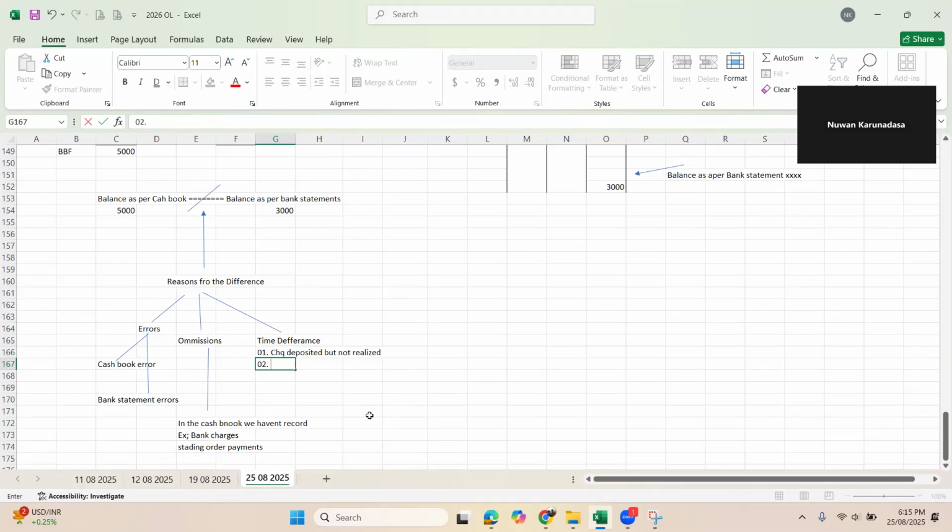Number two, check issued but not presented for payment.